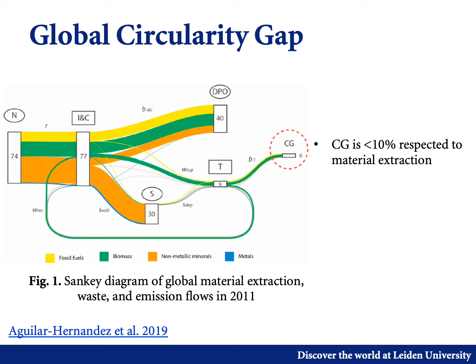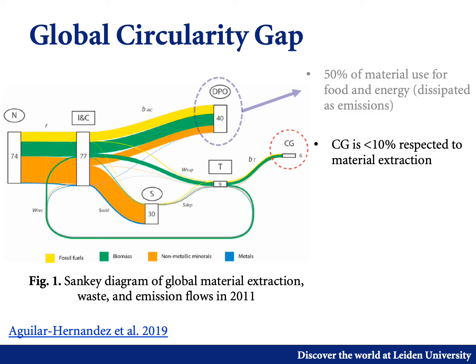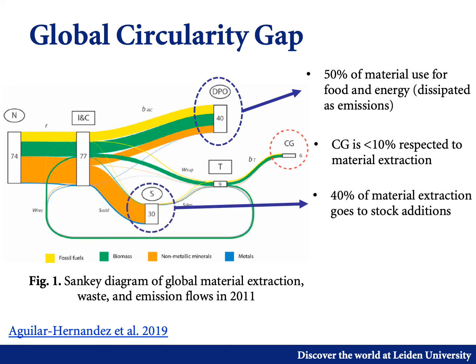This is because 50% of materials are extracted for food and energy purposes, which becomes dissipative emissions, and 40% of material extraction goes into stock additions, or durable products such as buildings, infrastructure, and transport equipment.